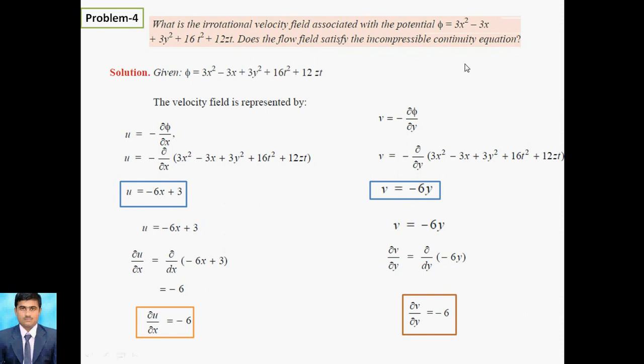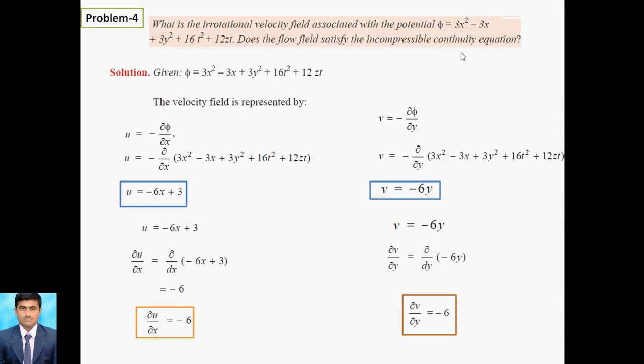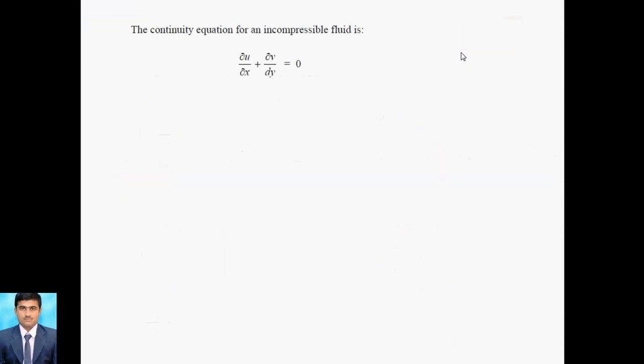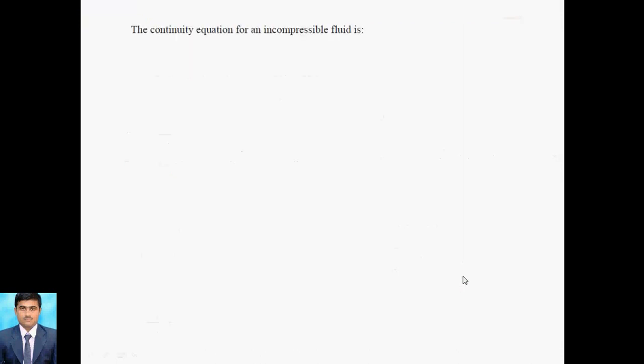Okay, now we move to the next problem. Here the question is about the incompressible continuity equation. We know that this is two-dimensional because z is absent, so it only involves x and y. So I can write the continuity equation in this form: ∂u/∂x plus ∂v/∂y equal to 0.